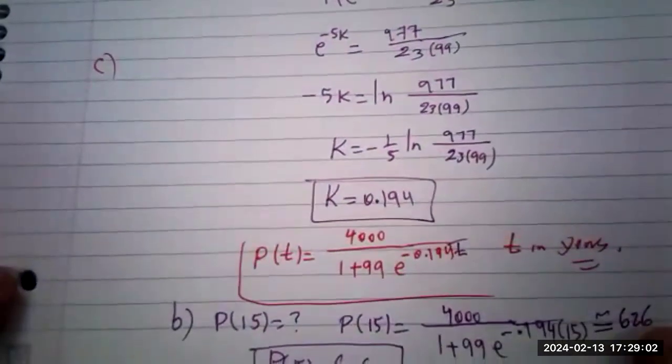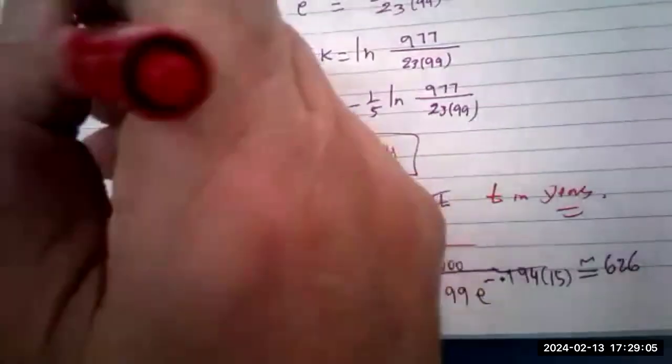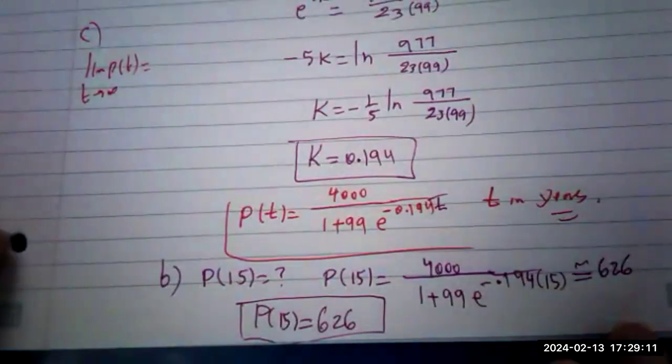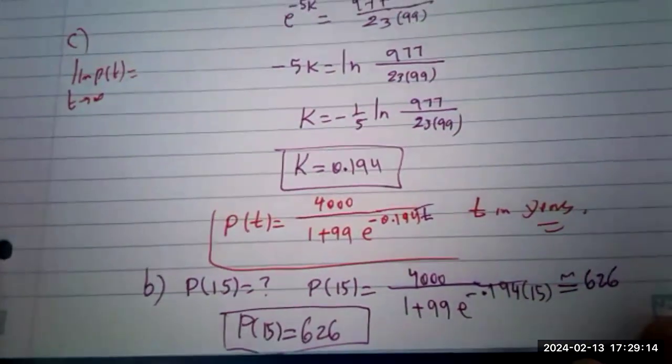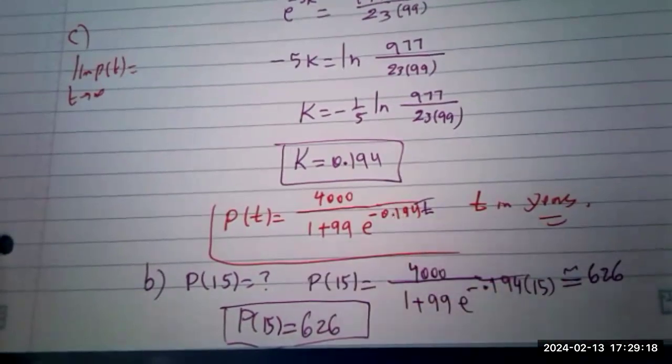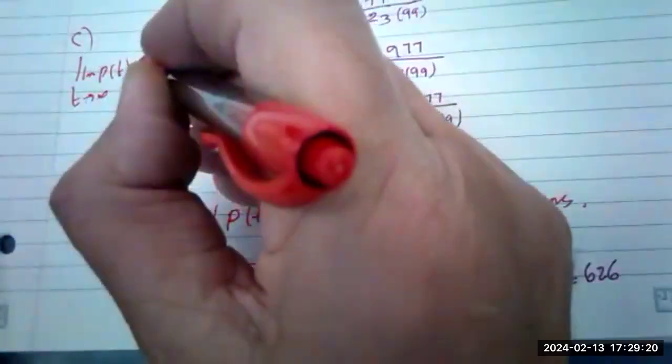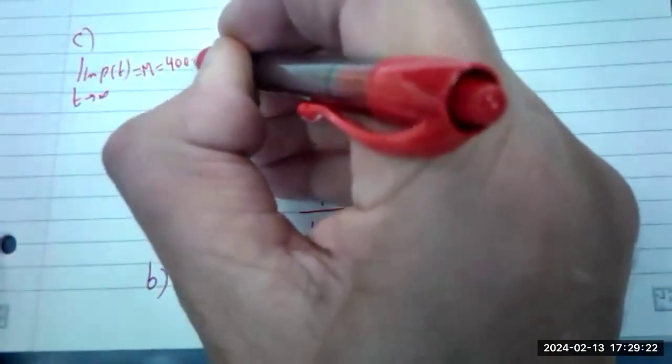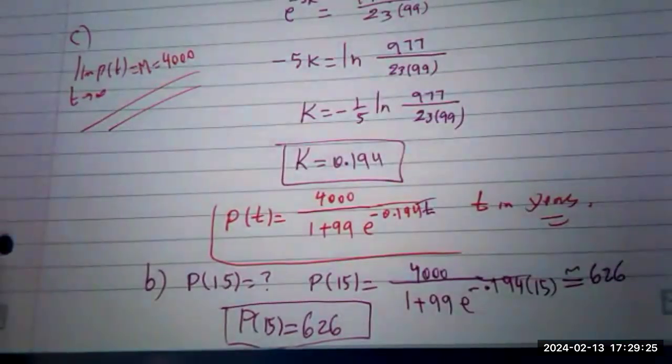So the limit of P of t as t goes to infinity is equal to M, which is 4,000. We know it from the theorem, but we have to look at it to make sure you get it right.